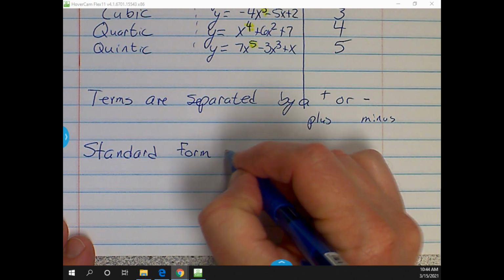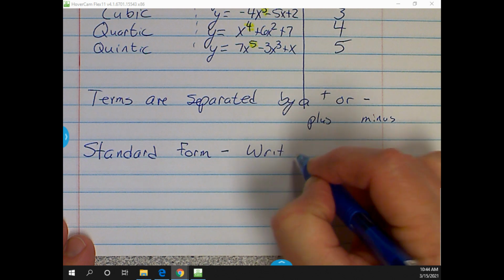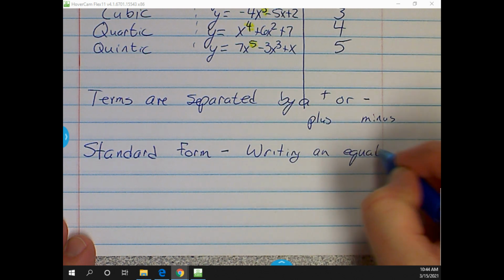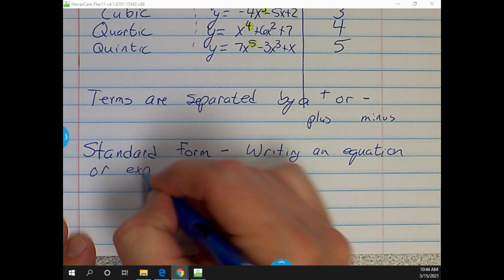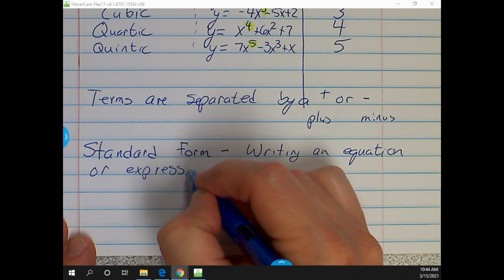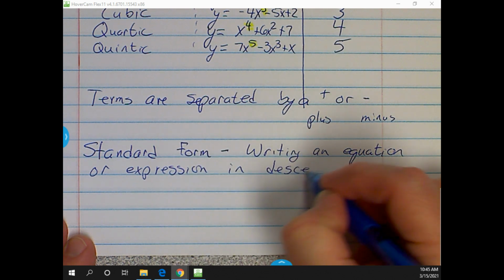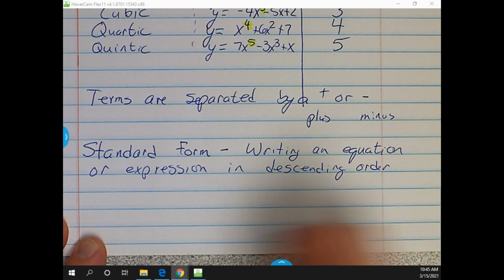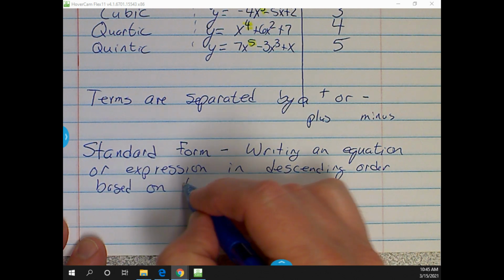This is basically an equation or expression in descending order based on the powers of the variables.